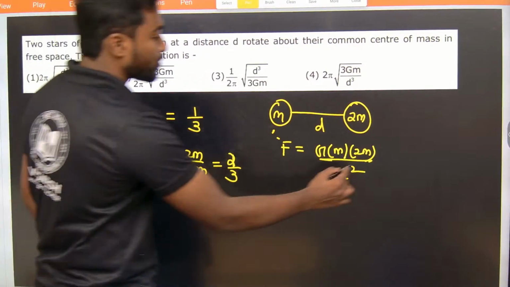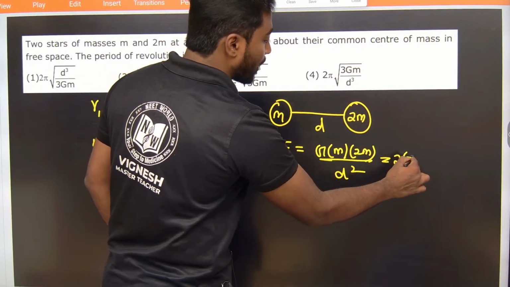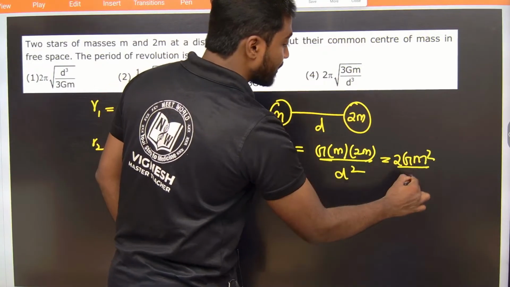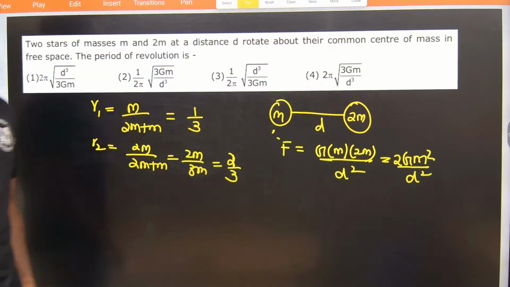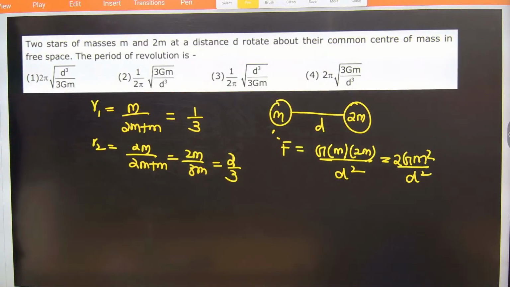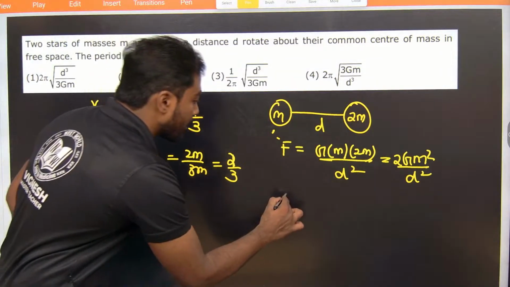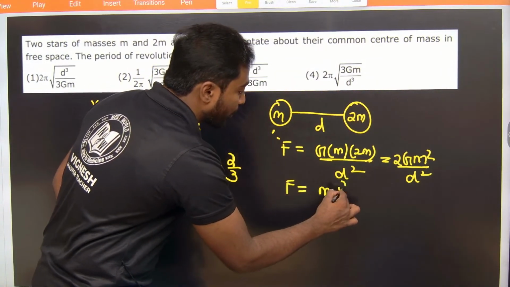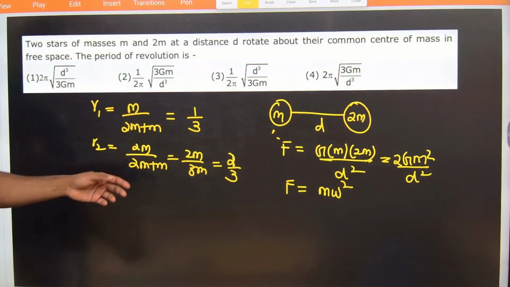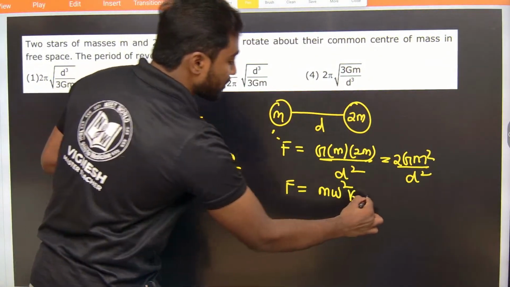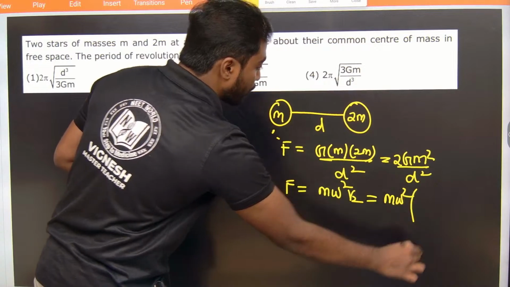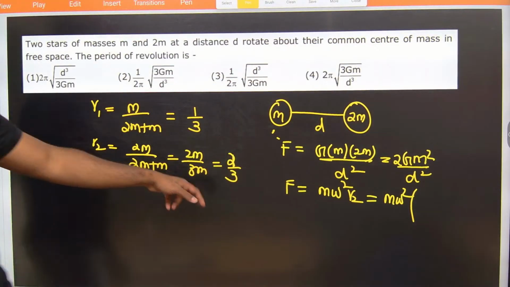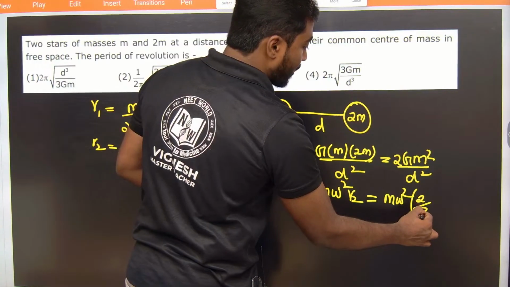So from this what will I get? 2Gm square by d square. And one more thing: F is equal to m omega square r, where I can take r2, which is m omega square into 2 by 3.